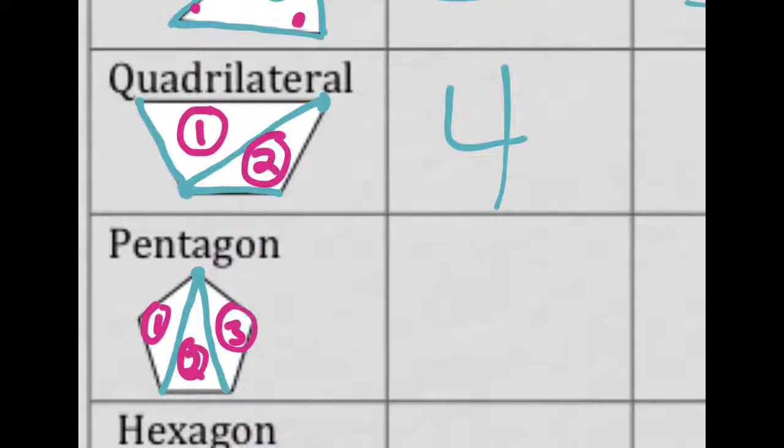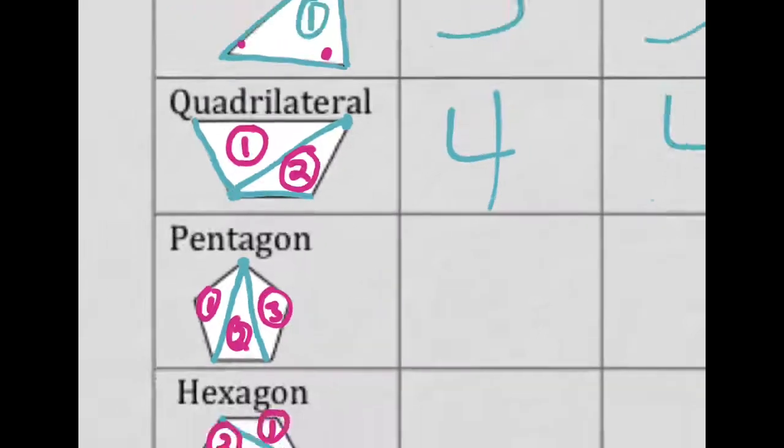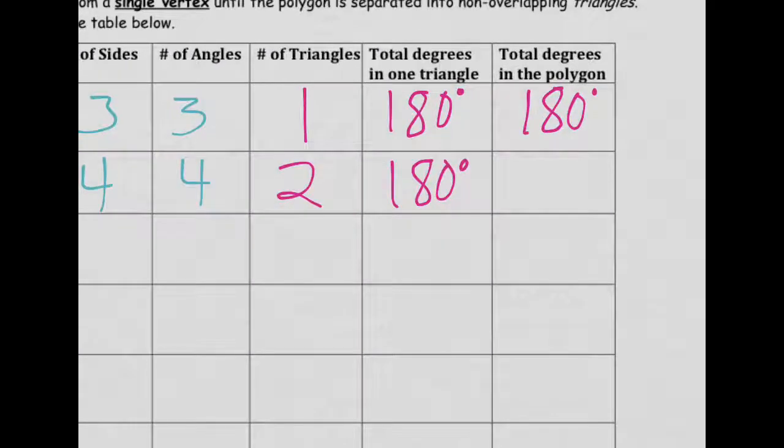If we have one triangle that has 180 degrees, and then we have another triangle whose angles add up to 180 degrees, all of those angles added together are going to be 180 degrees times what? 2, right? Because 2 triangles. Okay, so 2 times 180 is 360 degrees, right?